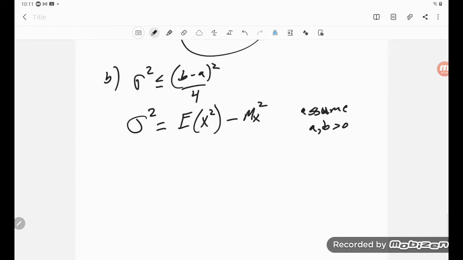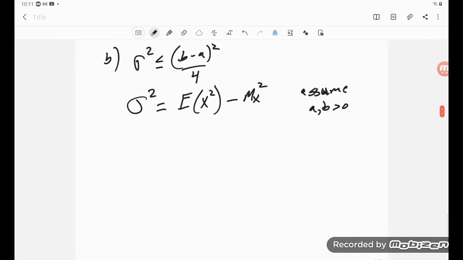I'd start there just to see if that makes life a little easier. Because, again, we just have that integral from A to B of X squared f of X dx minus m_X squared.